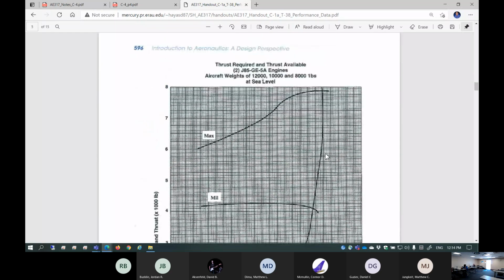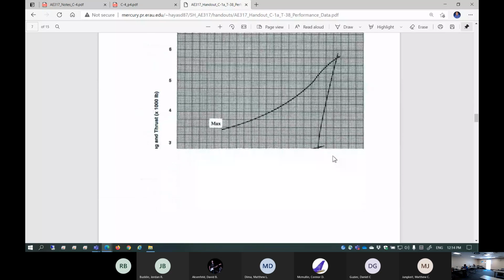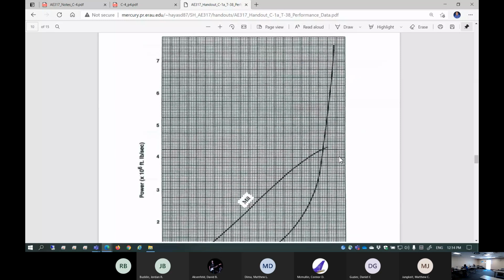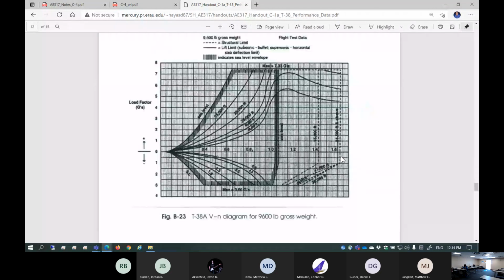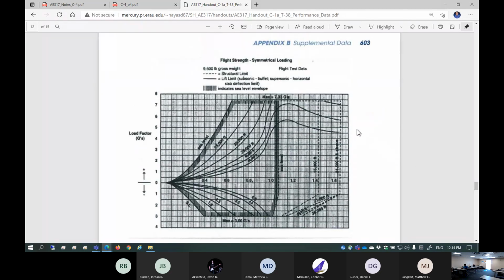This is the thrust diagram for sea level, and higher altitudes. This is a power diagram, and this is power for higher altitude. So this is a VN diagram, right? This is a VN diagram for a different gross weight. This is 9,600 pounds gross weight VN diagram.